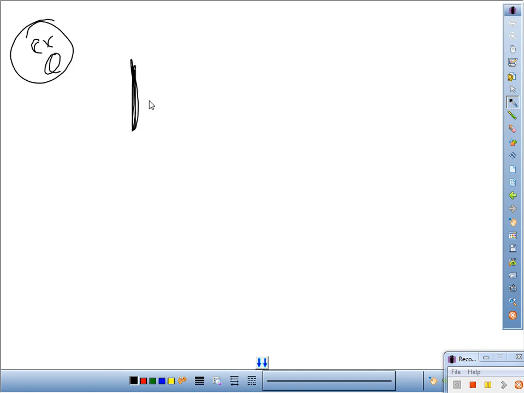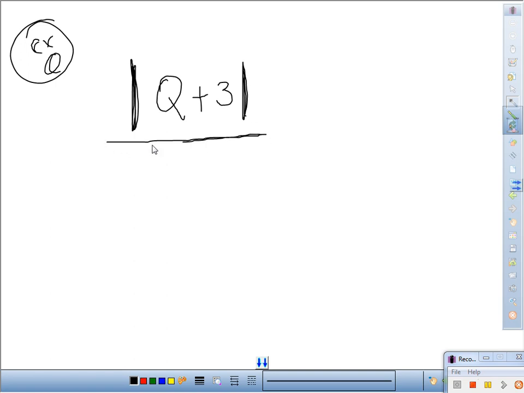Let's do absolute value of Q plus 3, and the entire absolute value over 5 equals 4. Let me get you started. There you go. I'll give you a head start. Go.